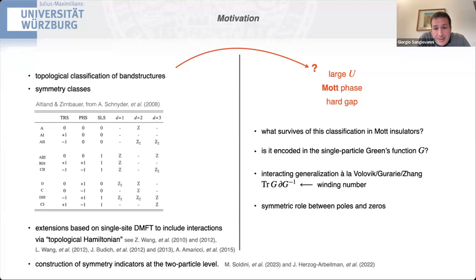And you see that obviously in the Green's function, the poles can change this number, but also the zeros. And for that, you need obviously a momentum dependence of the zeros, namely something that goes beyond DMFT, because it is associated to a momentum dependence of the self-energy.